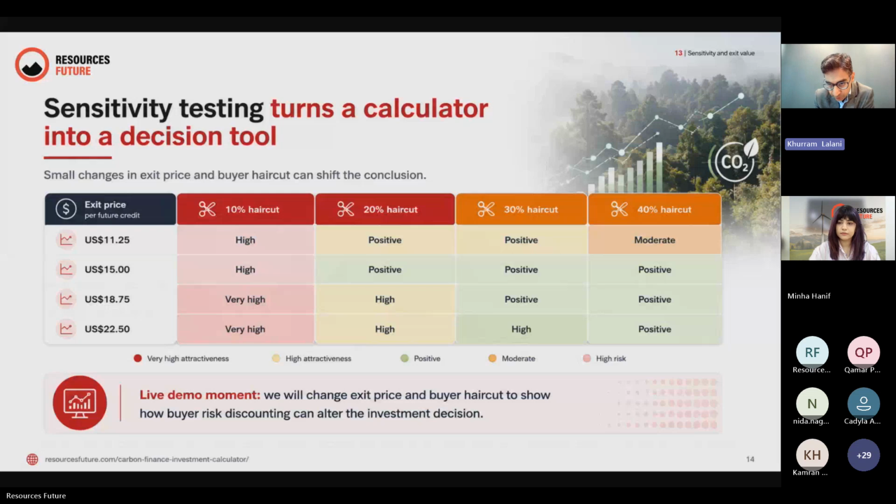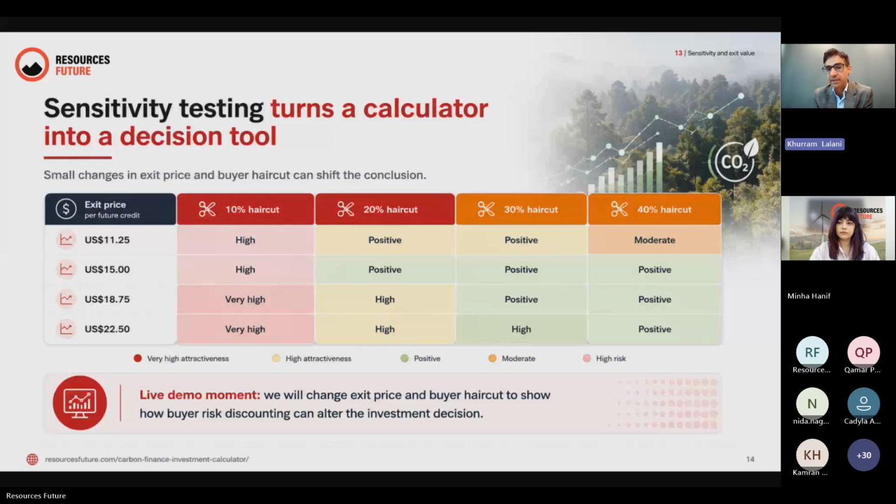Irfan Ali is asking, for FLU, the credit volume depends heavily on baseline and leakage. Absolutely. How should a developer estimate that number at screening stage? So you're right. Some of the numbers are very easy to calculate. The baseline is very easy. For example, if it's a renewable energy project, it is very easy to ascertain the baseline. When it comes to FLU, all the performance benchmark and the leakages come into play.